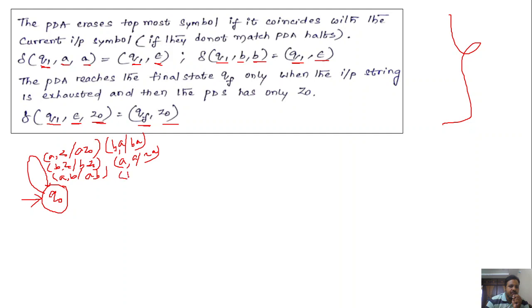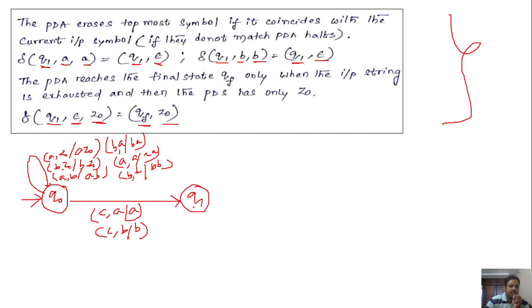If the input is B, top of the stack is B, we are going to push BB by remaining in the same state, right? The moment when we get C, top of the stack is A, we are going to push A itself. If the input is C, top of the stack is B, we are going to push that B itself by going to the state Q1.